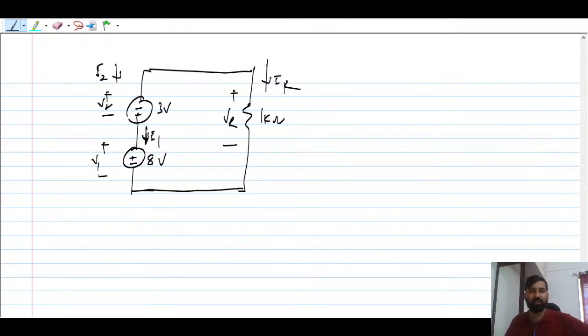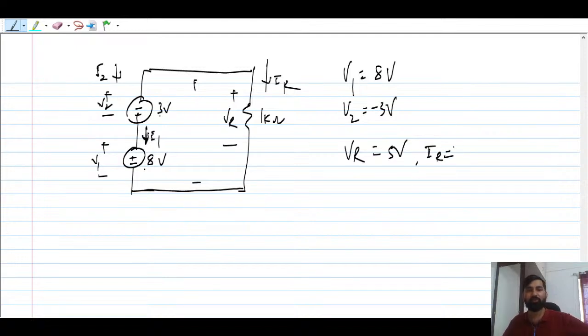V1 is 8 volt, V2 is minus 3 volt, and VR is the total voltage across the resistor, so it is 8 minus 3, that is 5 volt. The current IR is 5 upon 1 kilo, that is 5 milliampere. The product PR is 25 milliwatt, positive.